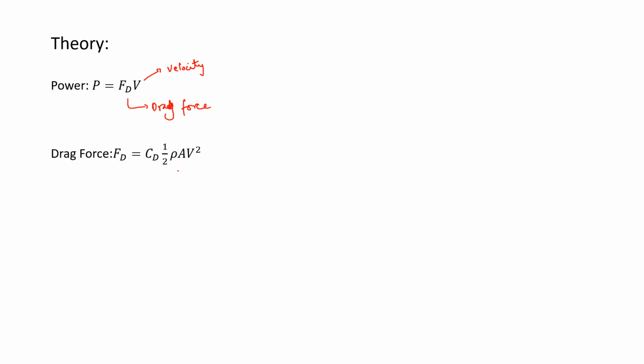And this drag force is defined as CD, your drag coefficient, times half rho A v square, where A is the area normal to it, and v is your velocity.